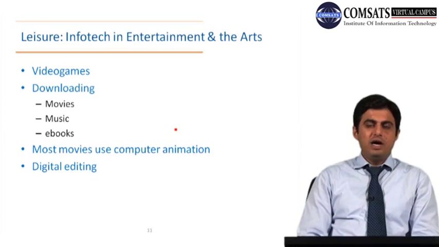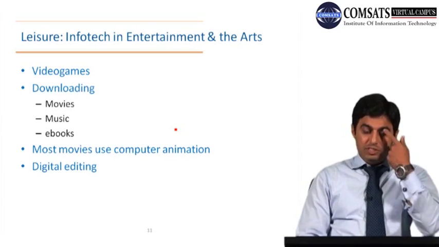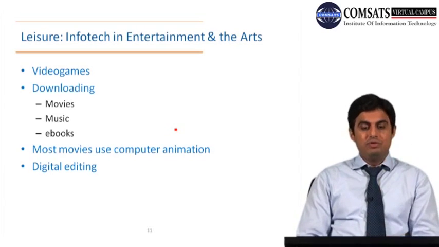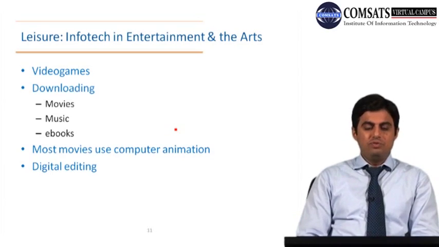If you have seen Ice Age or Up or Hotel Transylvania, there are loads of animated movies which are being released by Hollywood and other film industries around the world. Now all these movies use computers and information technology mediums to create them. These animated movies don't have any physical actor in them.